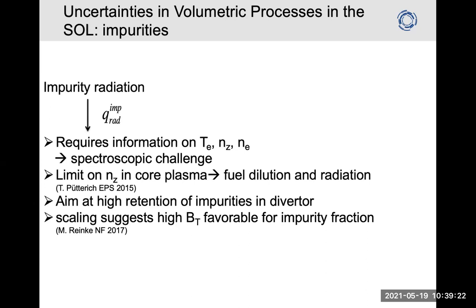And for the reduction of pressure, you would have this momentum loss factor that was some value between 0 and 1. And I explained to you that in order to reduce momentum, there were 3 channels. One was perpendicular transport, which I didn't detail very much. One was charge exchange, so with neutrals or molecules.